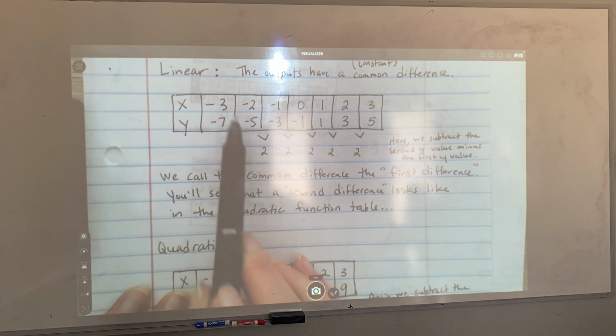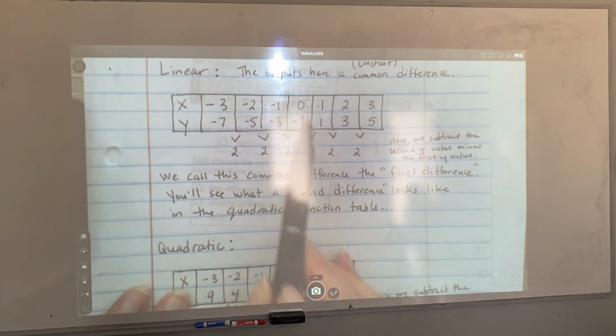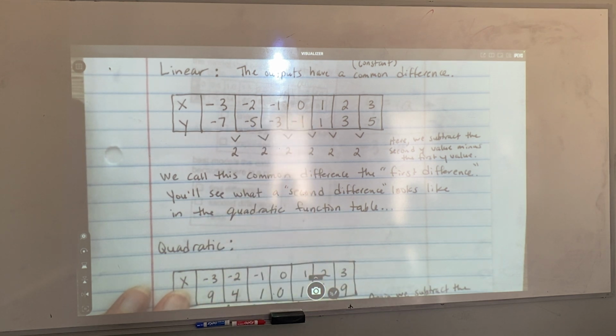So up 2 over 1, up 2 over 1, up 2 over 1, up 2 over 1, that's a slope. So a common first difference makes a slope, and that's why we would call this linear, because a slope makes a line.